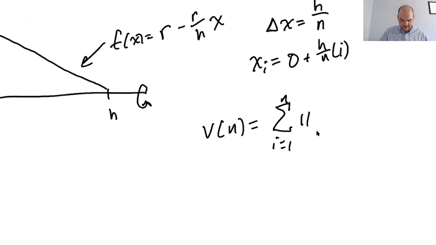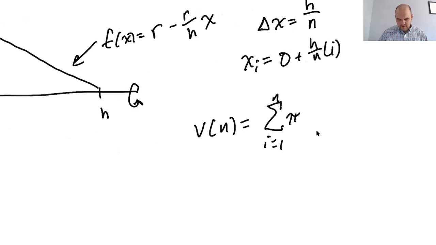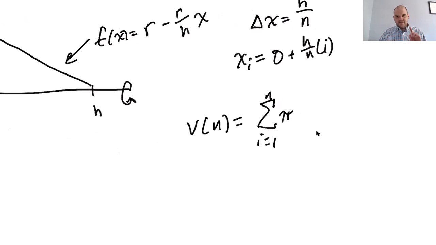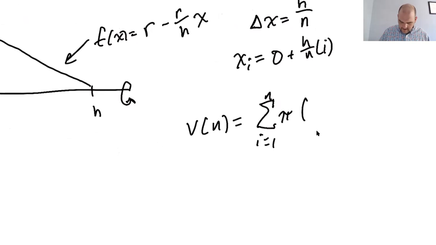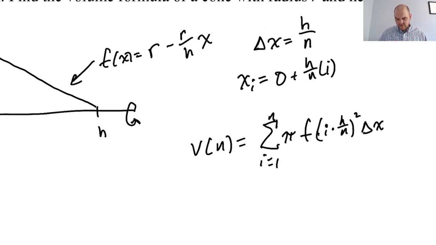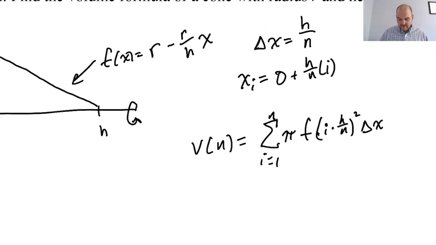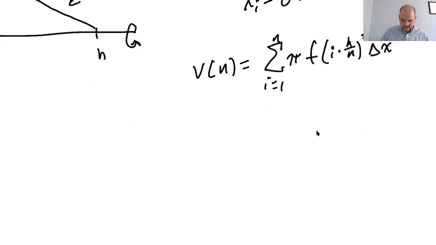Ooh, bad pi. Let's try that again. Pi. Okay, better maybe. The radius, so I'm going to take f of x sub i and then square it. So it's f of i times h over n. That's the radius. I need to square it, and then I need to multiply by delta x, which is h over n. Okay, and then what I want to do is find the limit of this.